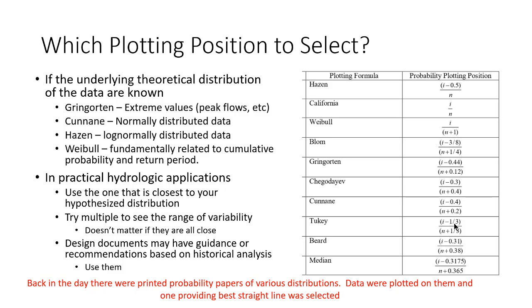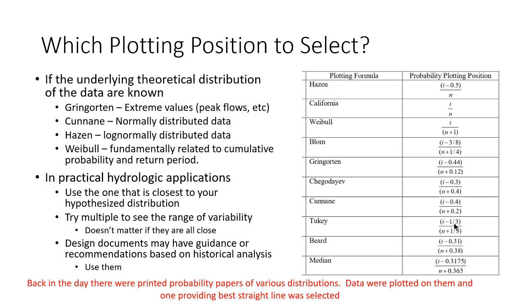So the idea is you took your sample data, performed the plotting position formula, and then plotted it on a probability paper. And if you got a straight line, that was likely the distribution that you wanted to use.